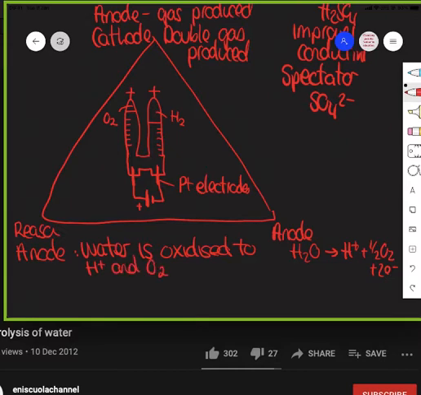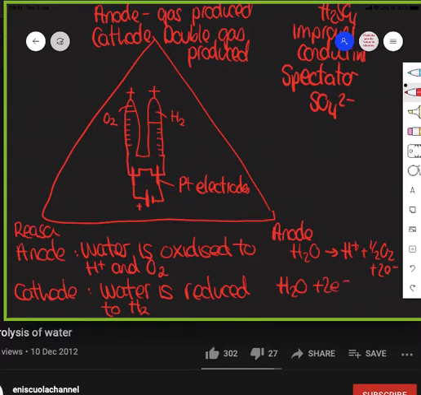And then at your cathode, water is going to be reduced. This one is slightly harder, but straight away you know that you're making hydrogen. So that's okay, we'll start writing our equation. We have H2O, we are going to be adding our 2 electrons in.